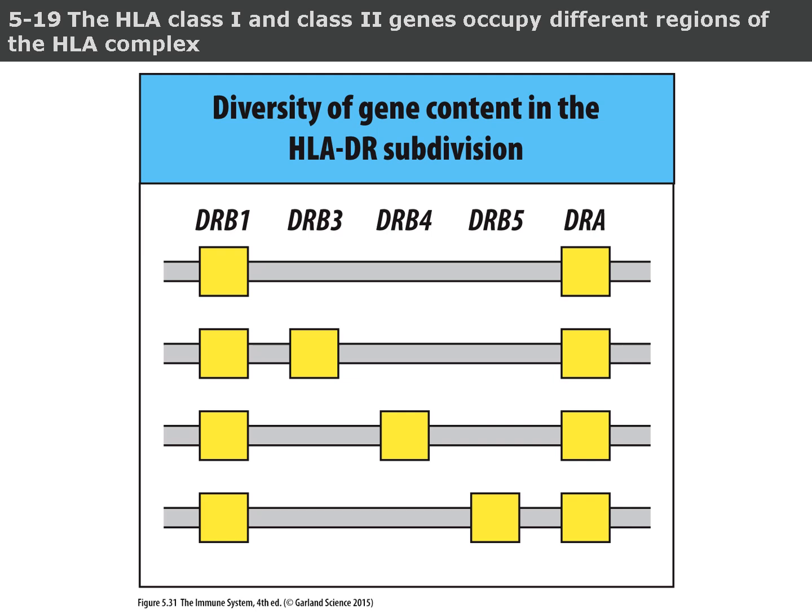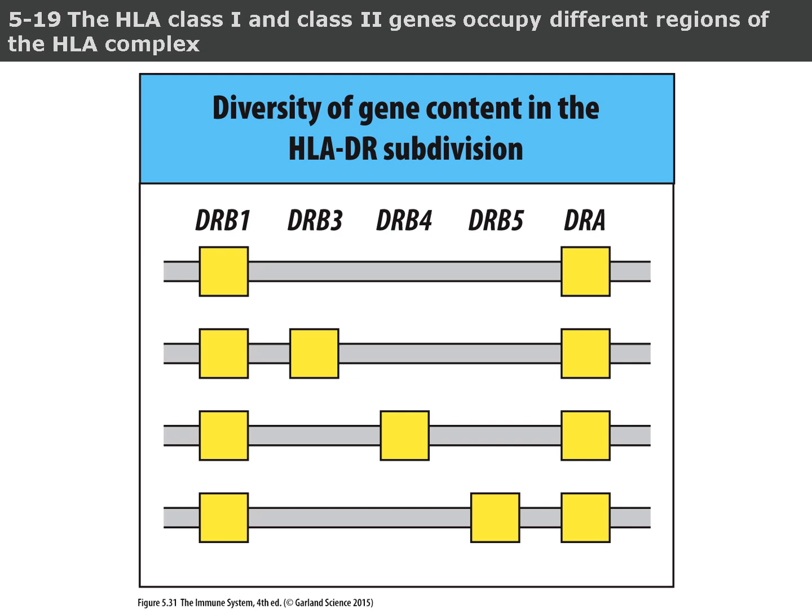Some individuals also inherit additional DRB genes, such as DRB3, DRB4, or DRB5, depending on their specific DRB1 allele. These additional DRB genes are not present in everyone and contribute further to immune diversity.